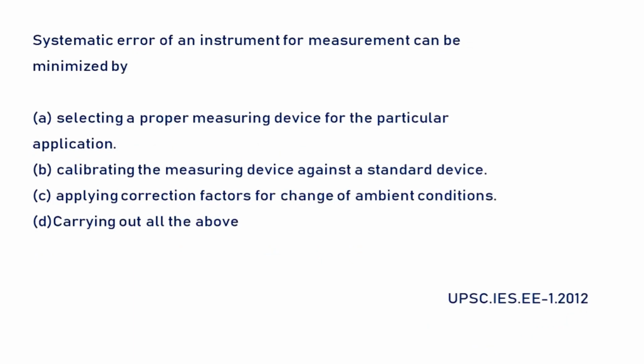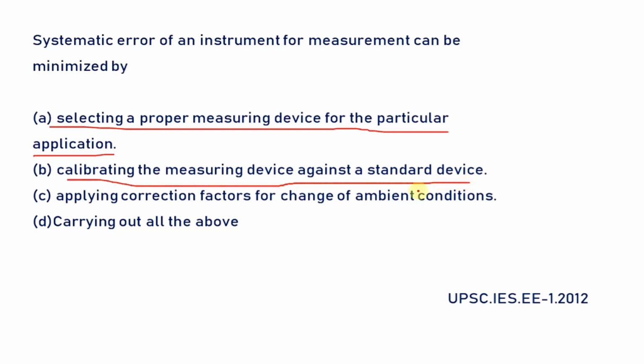So the question asked here is, systematic error of an instrument for measurement can be minimized by. So these are the options given. Selecting a proper measuring device for the particular application. Second option is calibrating the measuring device against a standard device.